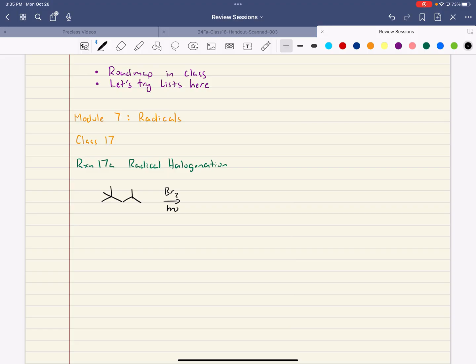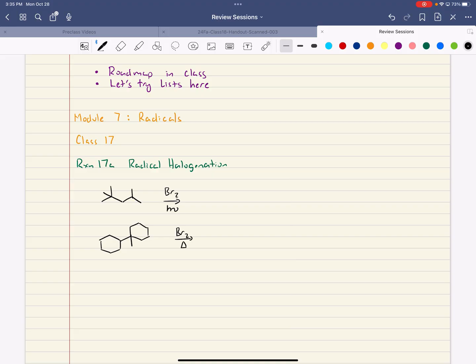Maybe a harder example is if we have these rings like this. And then either we could use light or heat. So let's, in this case, use heat.